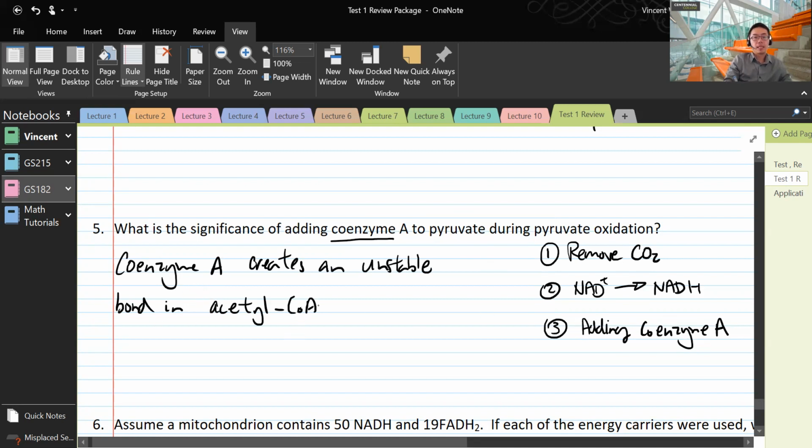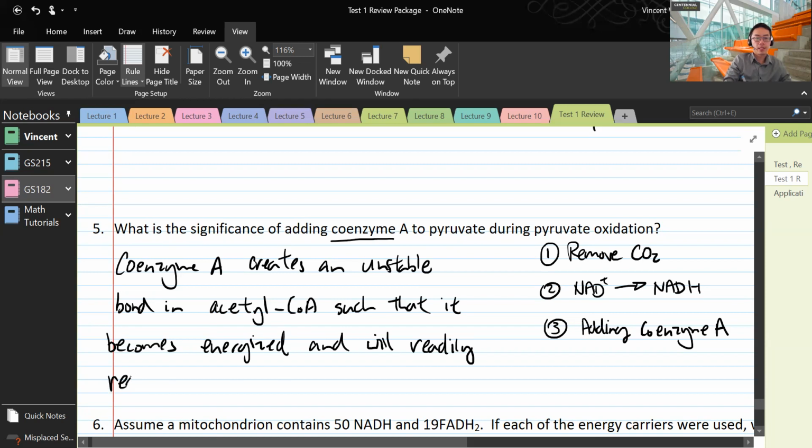Unstable bond in acetyl-CoA such that it becomes energized and will readily react with oxaloacetate in the Krebs cycle.